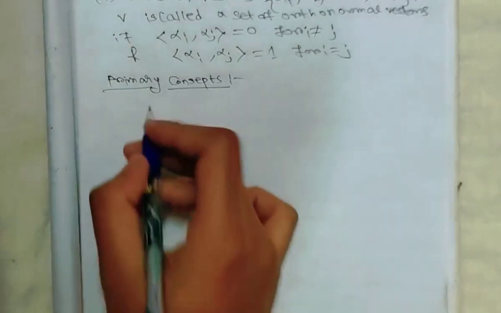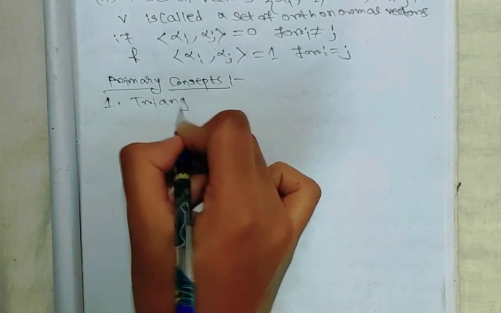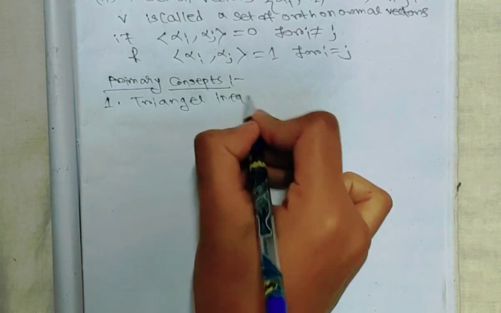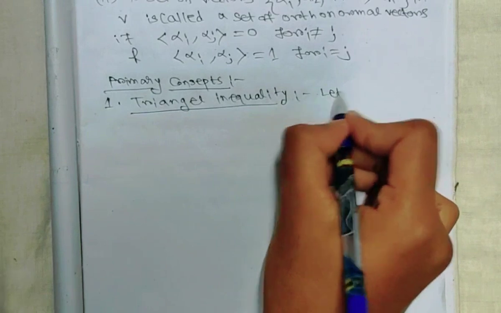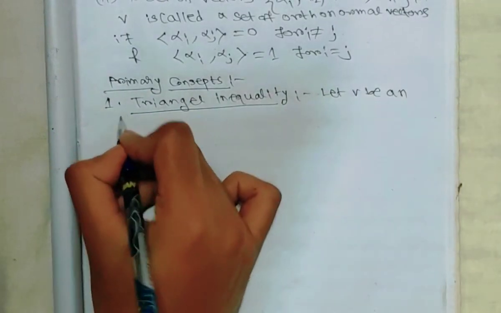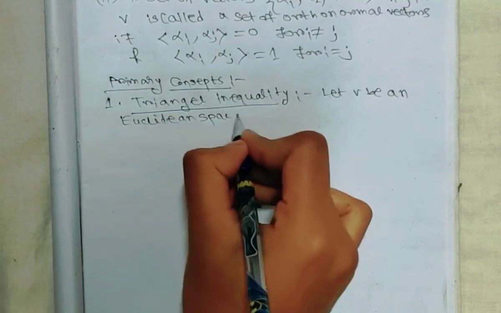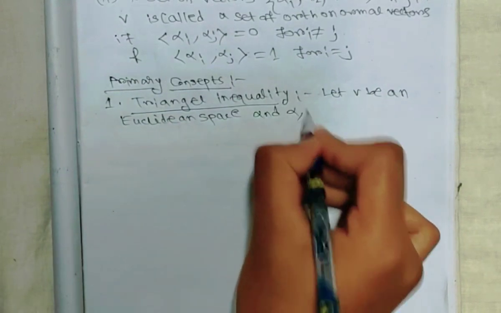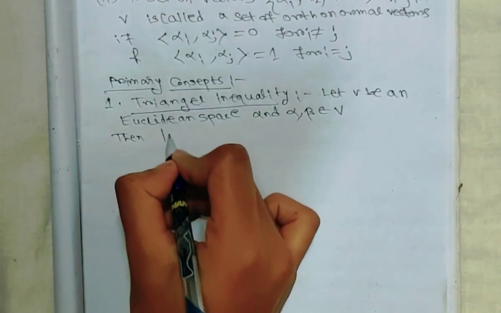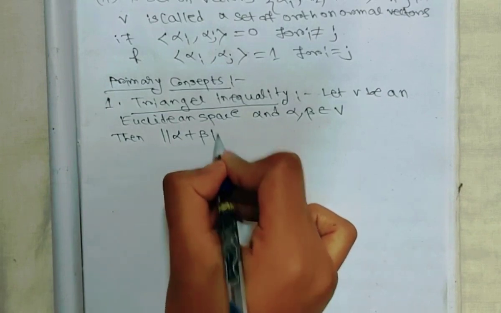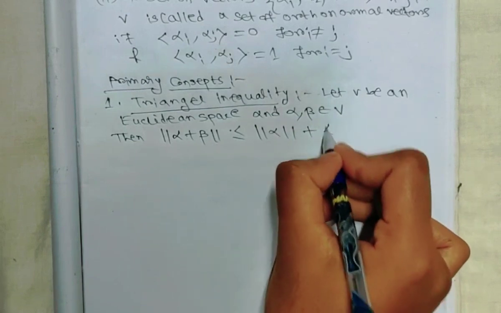Now the primary concept. First of all, the triangle inequality. Let V be a Euclidean space and alpha and beta belong to V. Then we have to prove that norm of alpha plus beta is less than or equal to norm alpha plus norm beta.